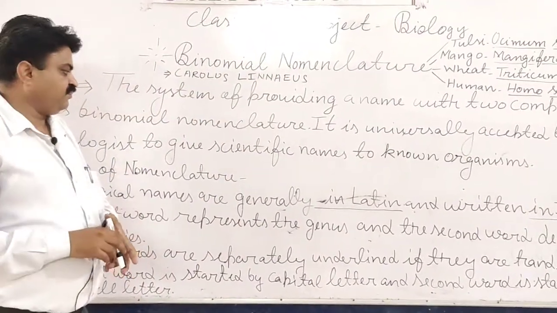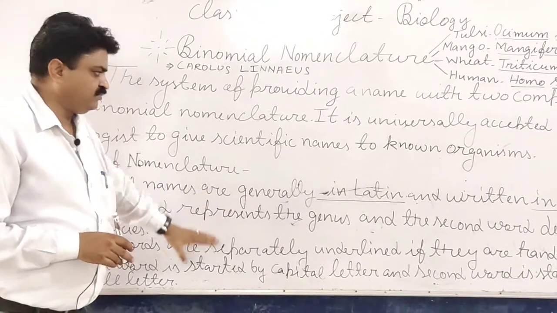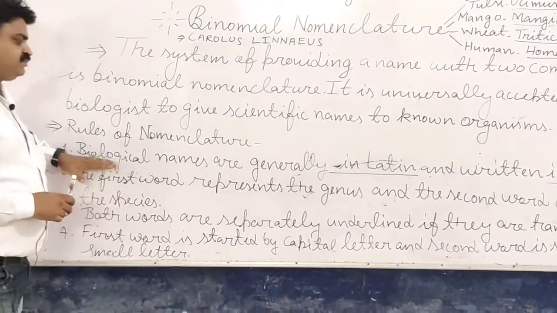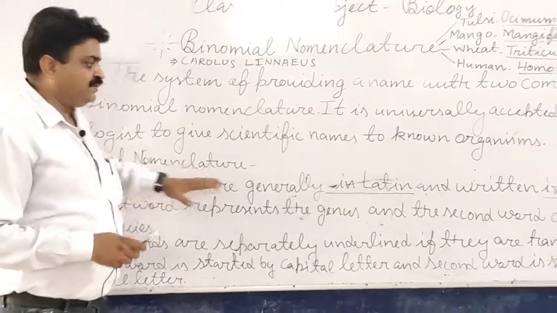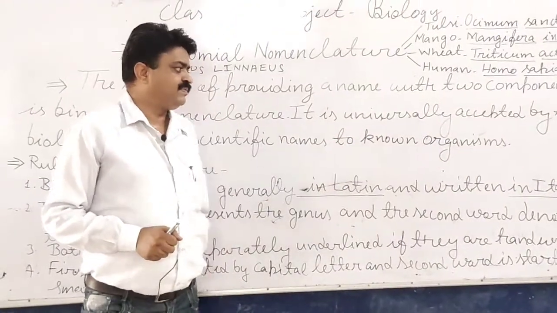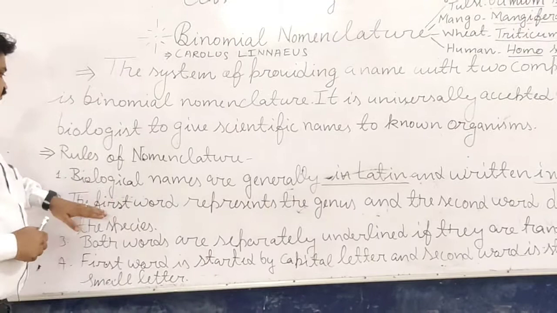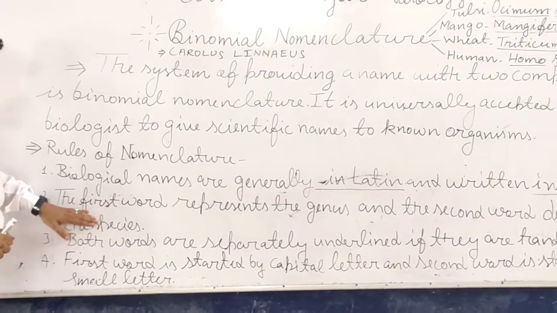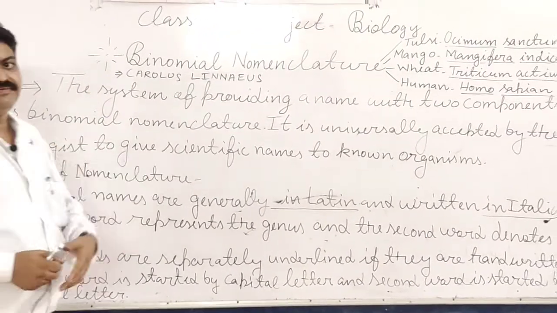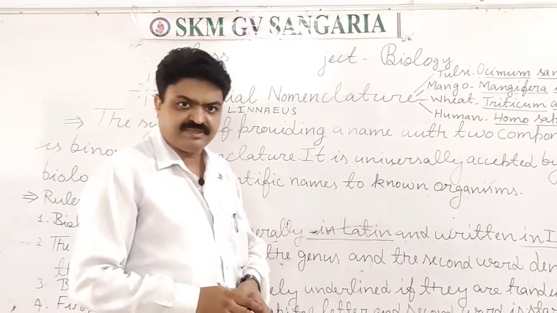So there are 4 rules, and you will learn these 4 rules. First, biological names are generally written in Latin and in italics, and the first word represents the genus and the second word represents the species.